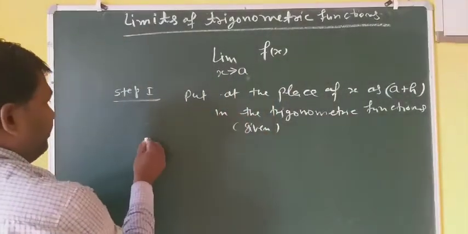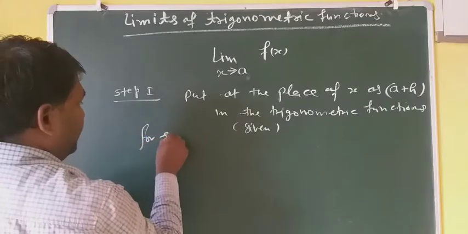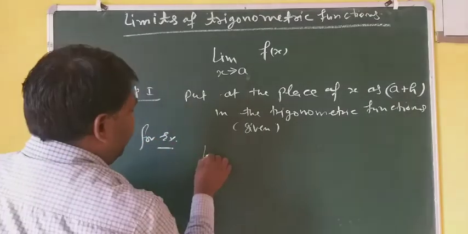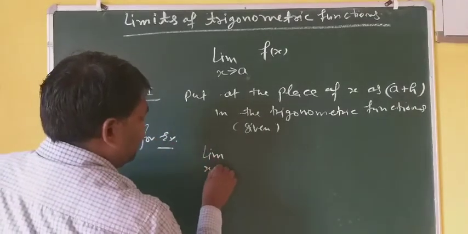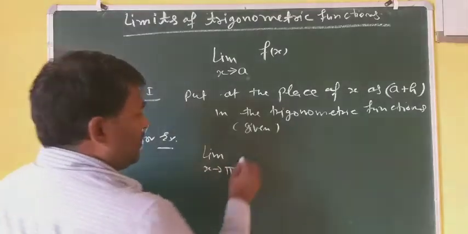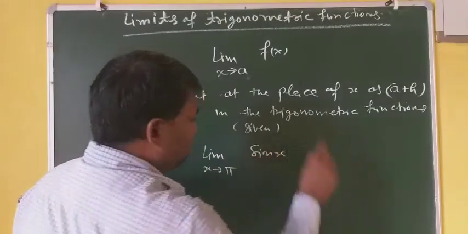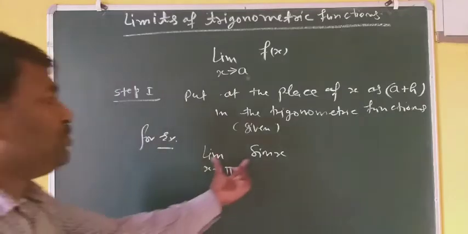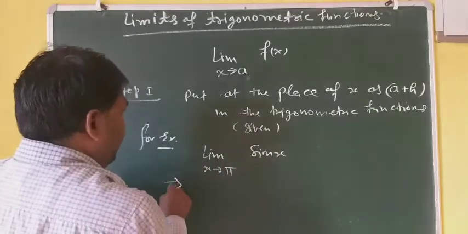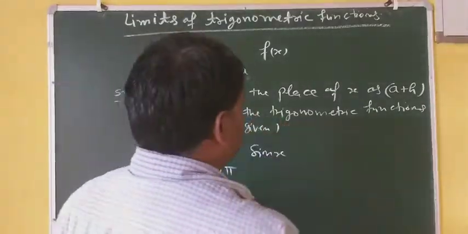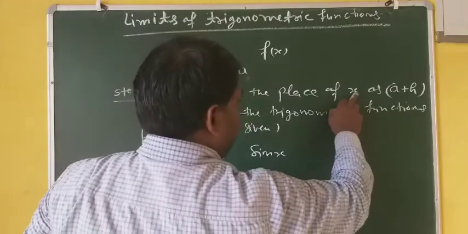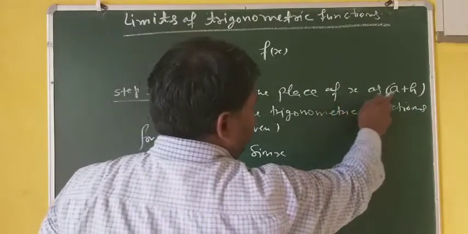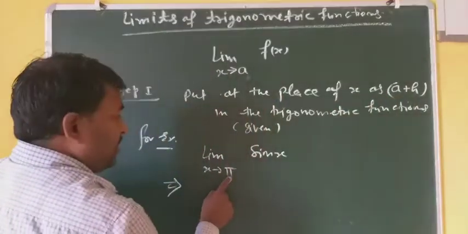Now, for example, if the limit x tends to pi of sin x is given, then how will you solve it? Here, as per step 1, just put a plus h at the place of x in the trigonometric function. Here a is pi.